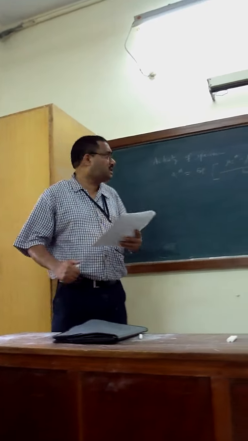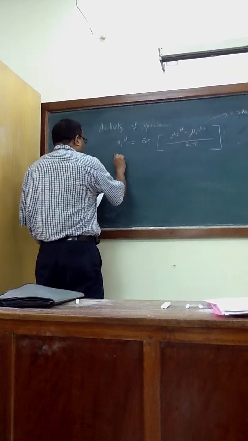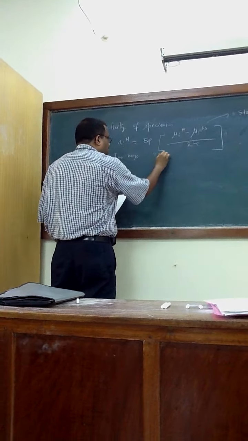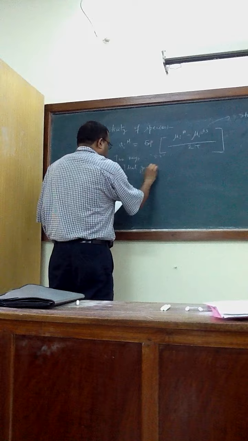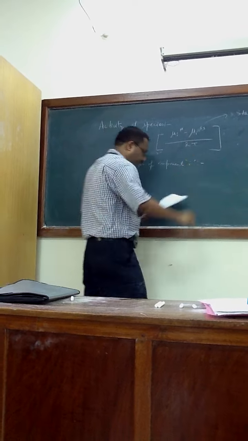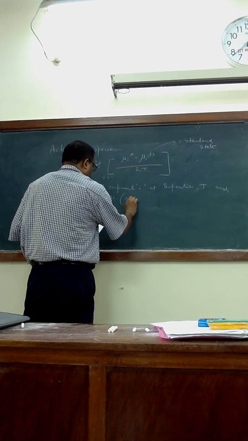So SS refers to the standard state, and this may be defined in two ways. Number 1, the ideal gas of component i at temperature T and pressure P_SS, which is arbitrarily chosen.